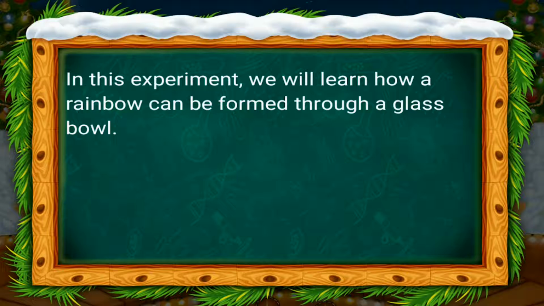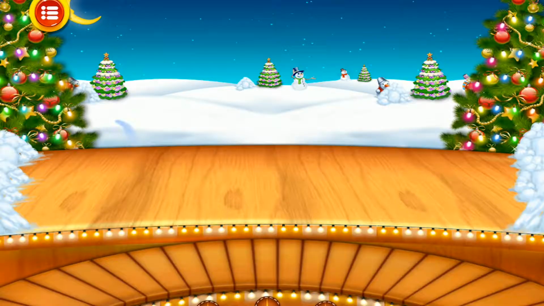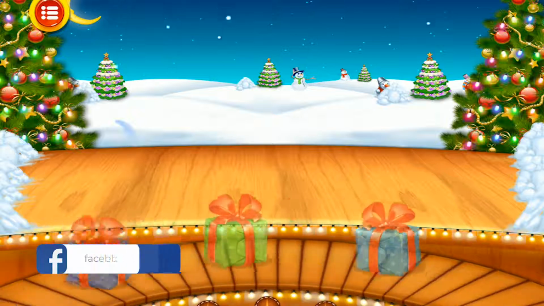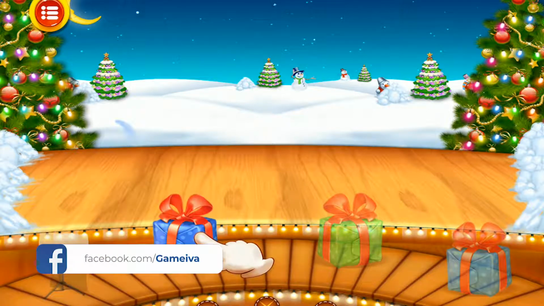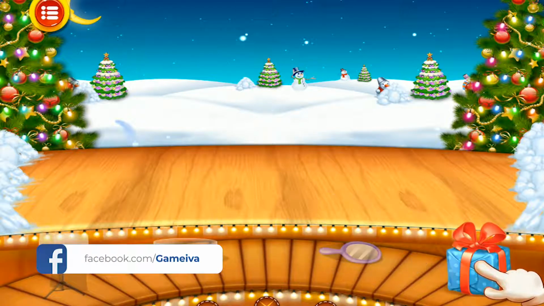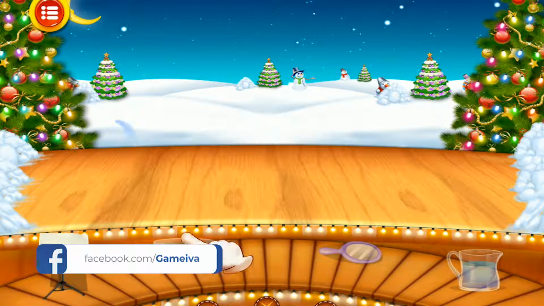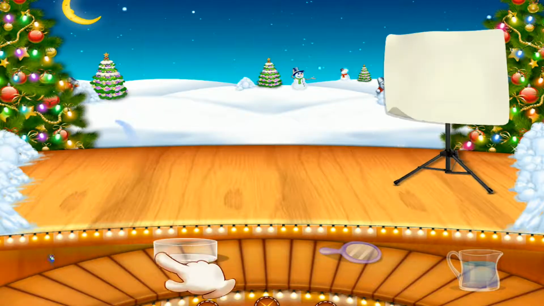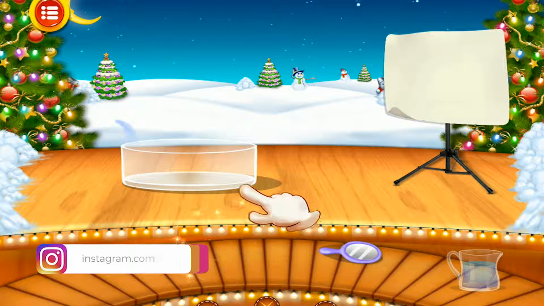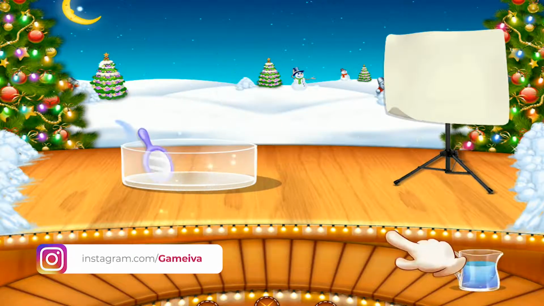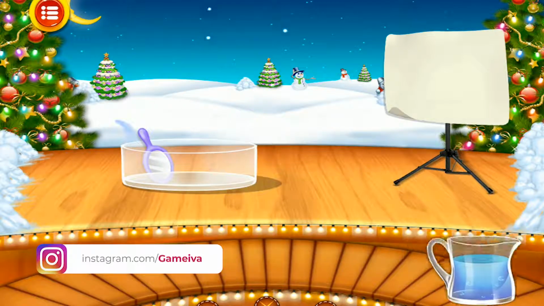In this experiment, we will learn how a rainbow can be formed through a glass bowl. Take a stand with paper placed on it. Take an empty glass bowl. Put a small mirror in the bowl. Pour some water in the bowl.